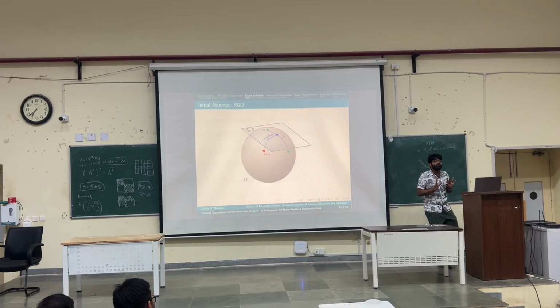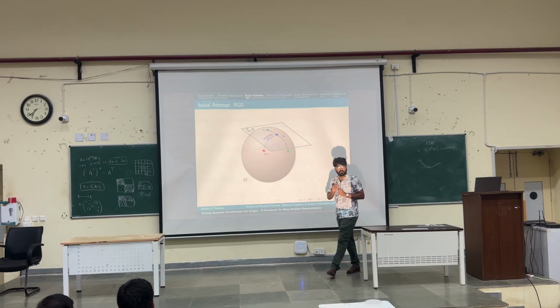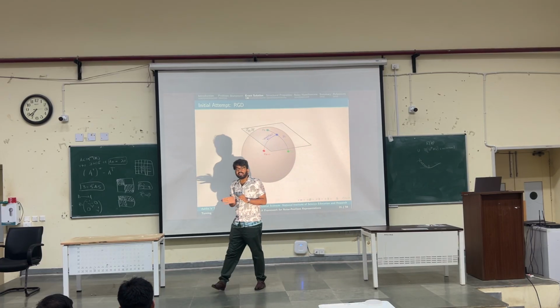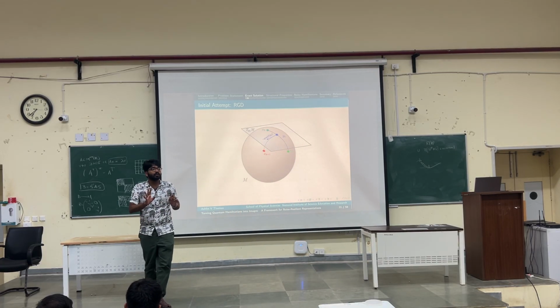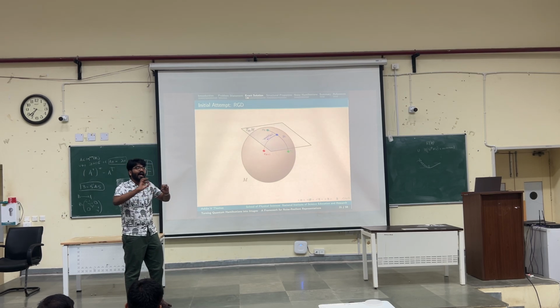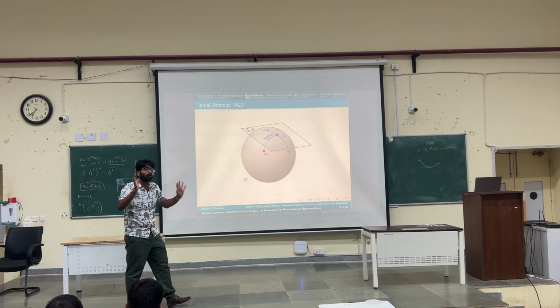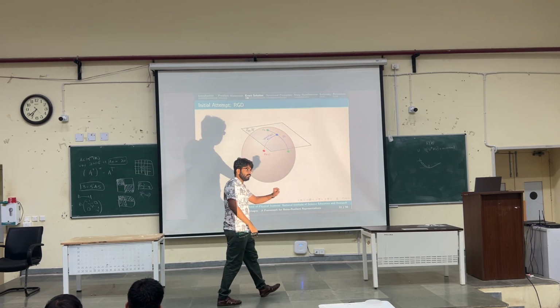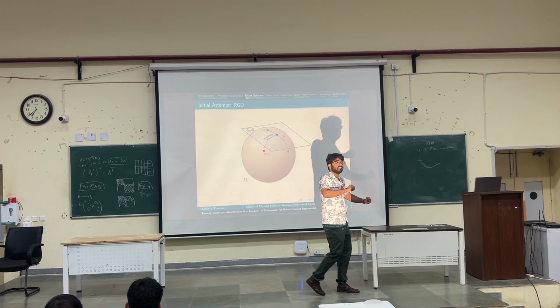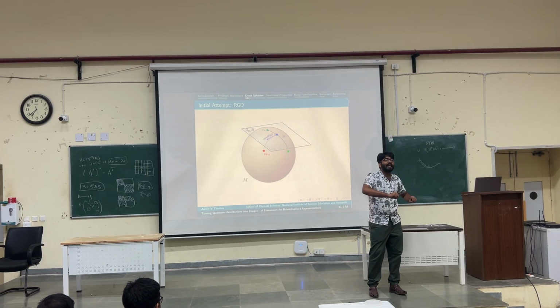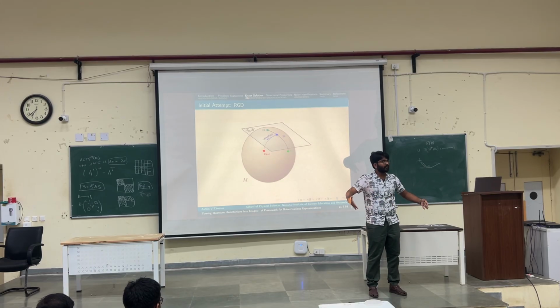So, what is the issue when you are doing it over here? When you are on a sphere, if you move along the gradient of the function, if you are in R2, it's fine because any line in R2 is convex. What does convex mean? If you move from one point in a plane to another point in a plane, through the line connecting those two points, you will remain in the plane throughout your journey.